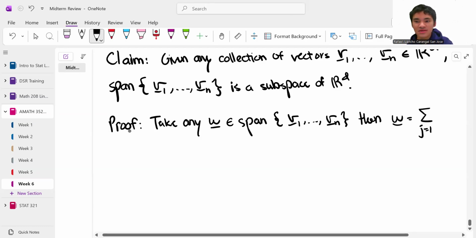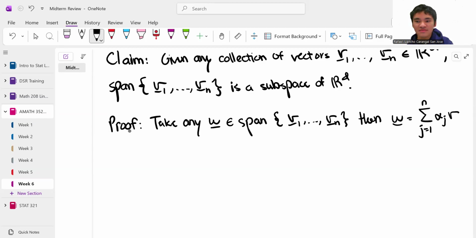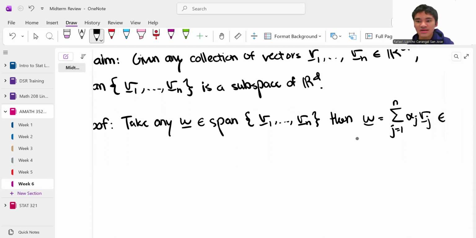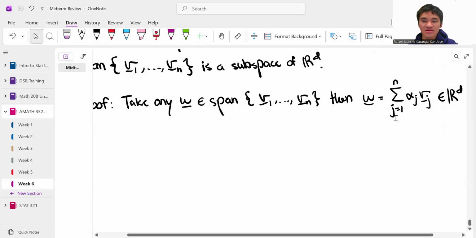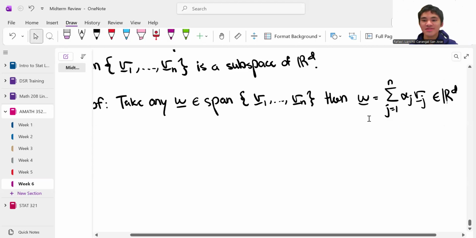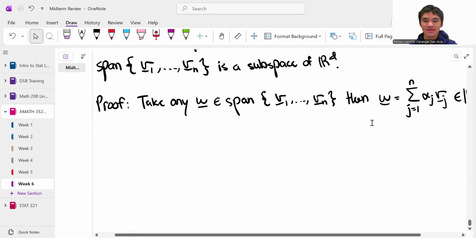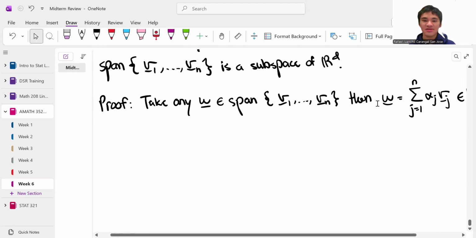Okay, we've seen this, right? Hopefully, of alpha j vj. And we say that this resulting vector is also in Rd. We don't have to explicitly say it, but everything here is in Rd. We can write it as a linear combination because it's part of the span.